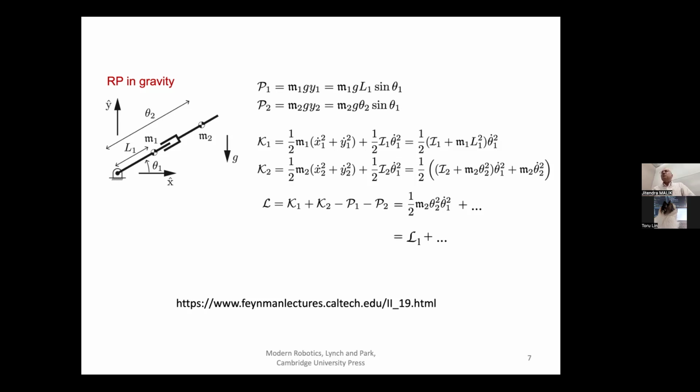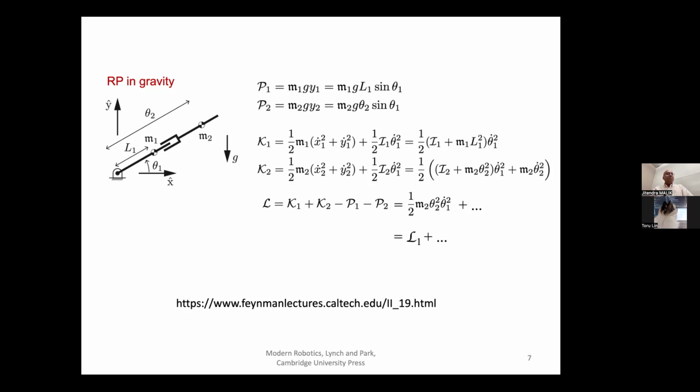M1 G Y1. So this is potential energy. So it's basically your mgh, right? Mass times the acceleration due to gravity times the height. That's what you're supposed to have learned in high school. Now that height here is in the y, so there's an xy coordinate system and the y is the height. So you calculate the height and it's going to be L1 times the sine of theta 1.